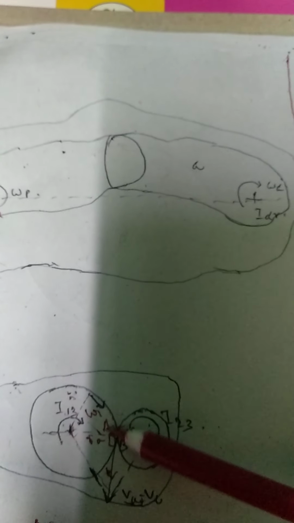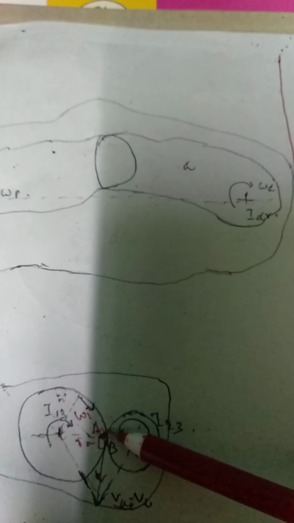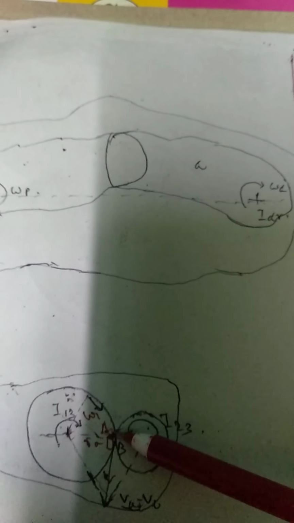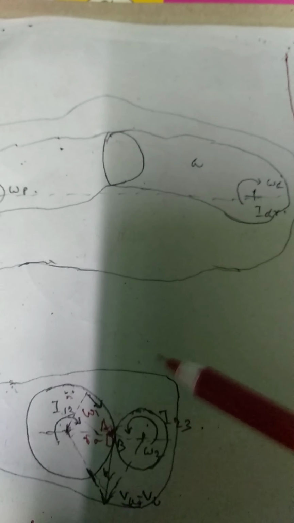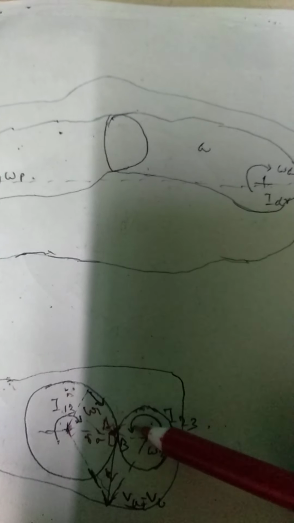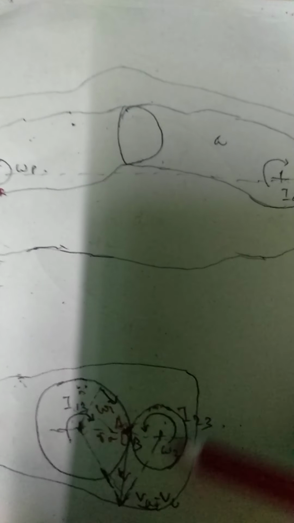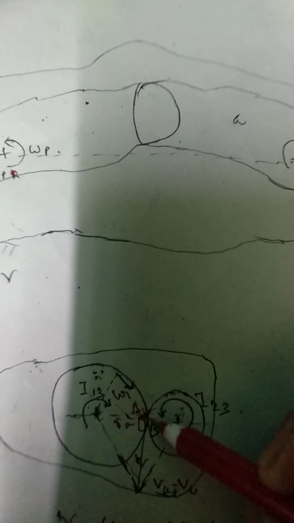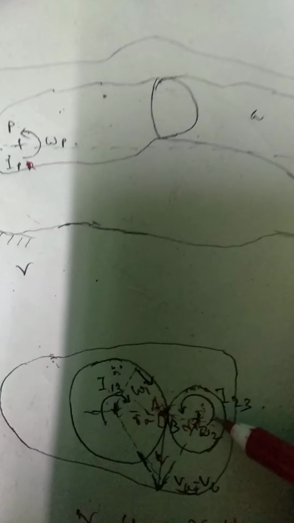So the velocity at these 2 points will be equal at this instant. So VA will be VB. Now what is VB? VB is omega 2, the angular velocity of this smaller gear, into RB, the radius of the smaller gear. So omega 2 into RB.